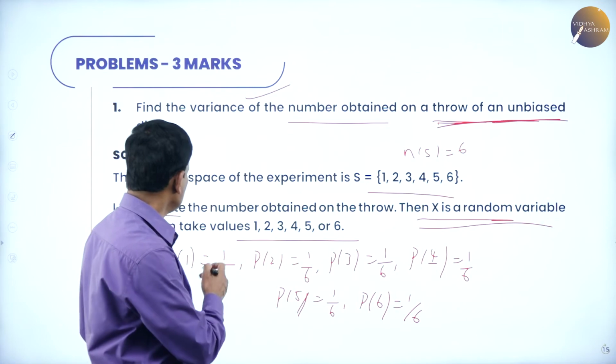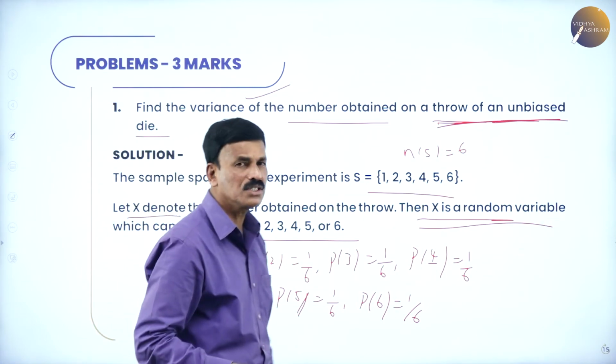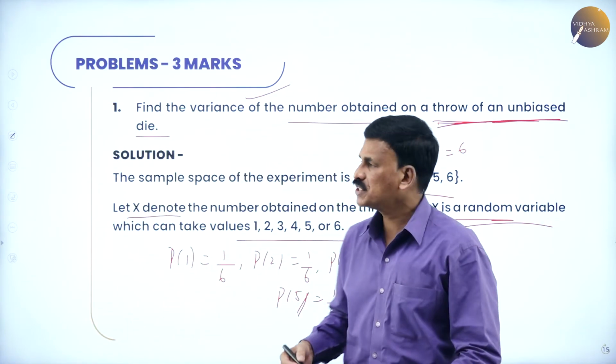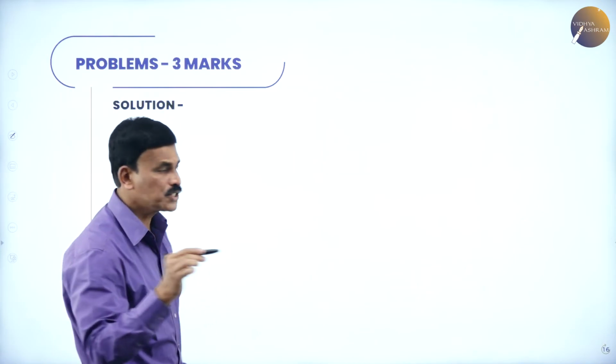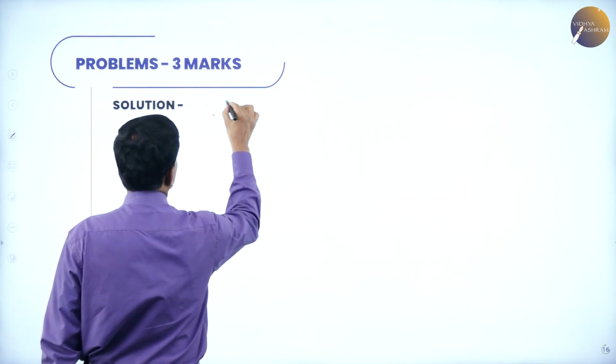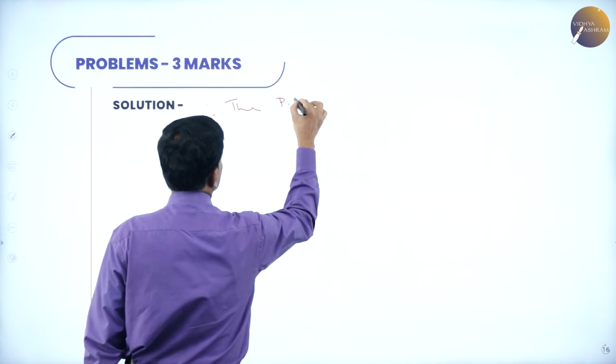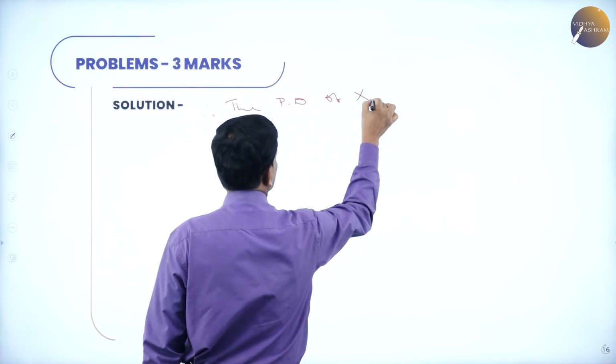So p of 1 is 1 by 6 and p of 6 is also equal to 1 by 6.